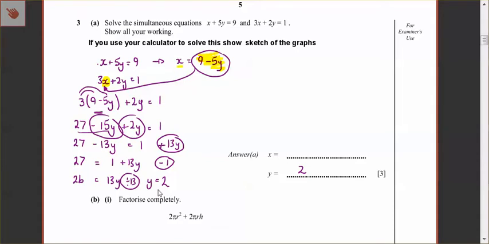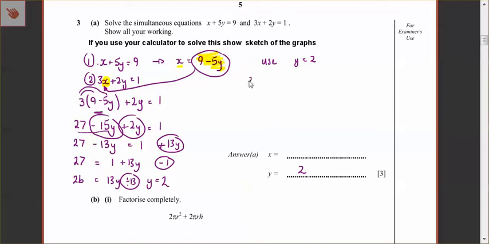Then what do we do? Put the y into x. So I've got to use y equals 2. Which one do I put it in, number 1 or number 2, or doesn't it matter? It actually doesn't matter. I'm going to use number 1 because I want to know what x is.